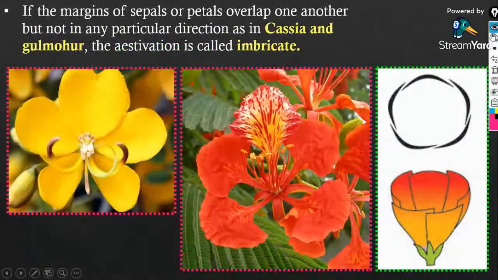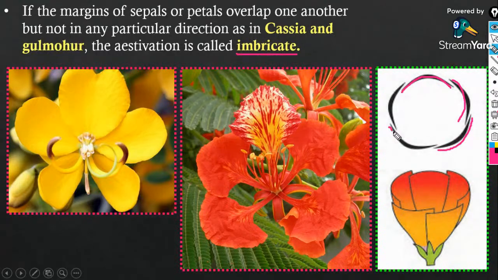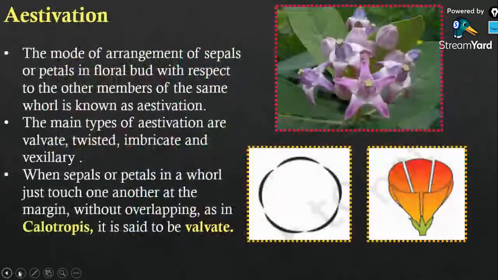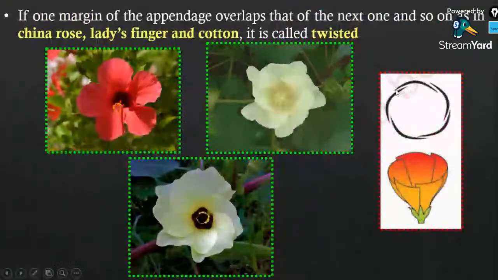Next, the third one is the imbricate aestivation. Look, they will be overlapping each other, but not in a specific direction. When you check the other last diagram, you will have a particular setting: outside, inside, outside, inside, outside, inside.